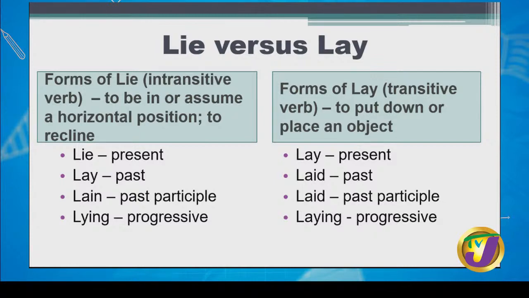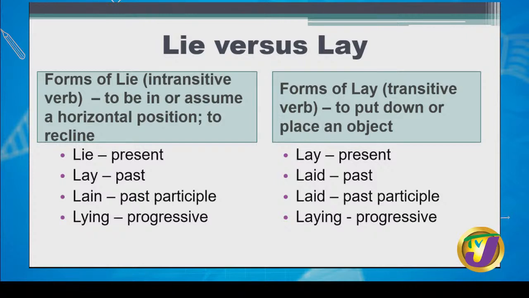Now, take a look at the other side. When do you use L-A-Y? L-A-Y is a transitive verb. And in this case, something has to lay something else down. The easiest way to remember this: chickens lay eggs. If you keep reminding yourself of that, it should help you. So you use lay when something puts something else down or places another object somewhere.